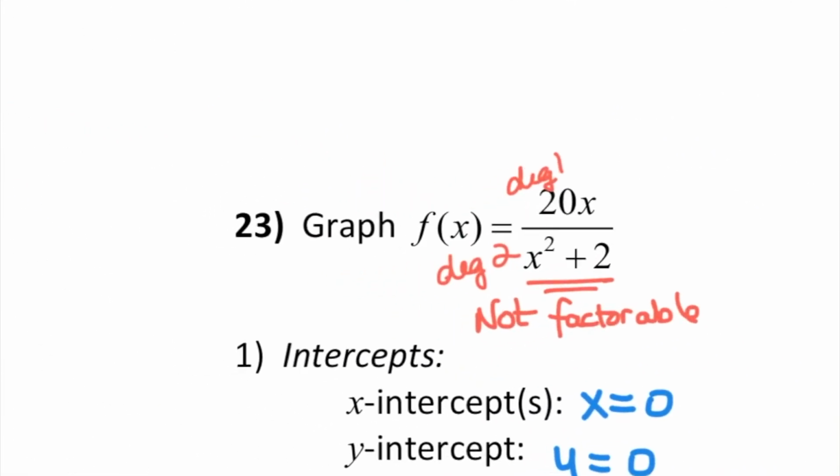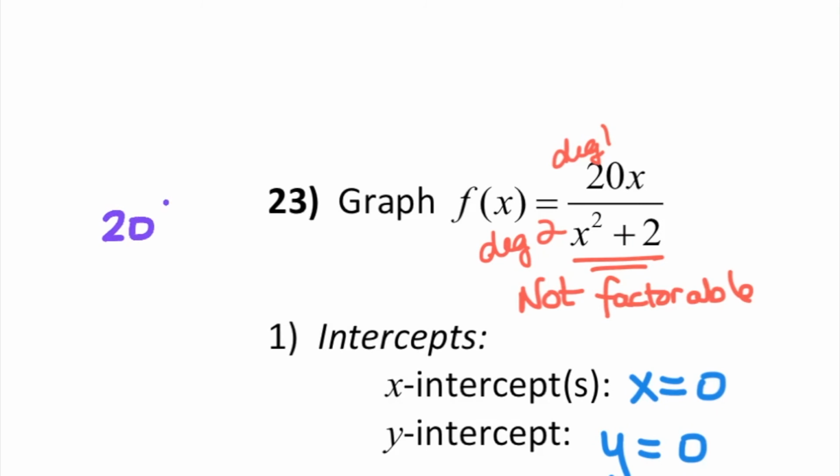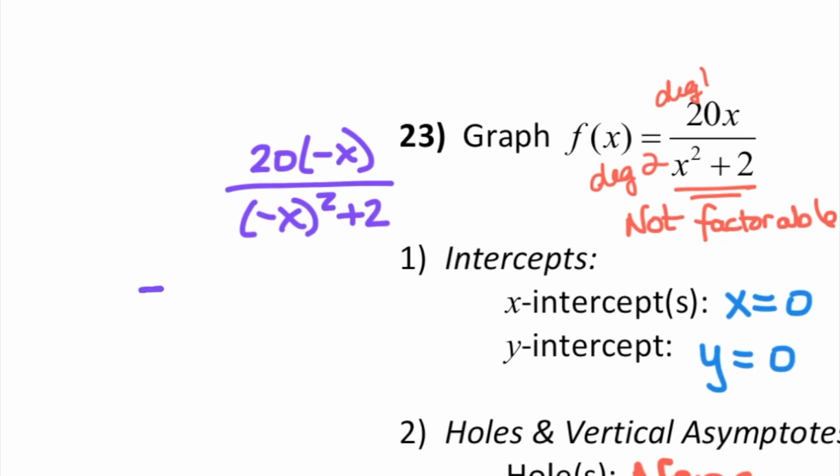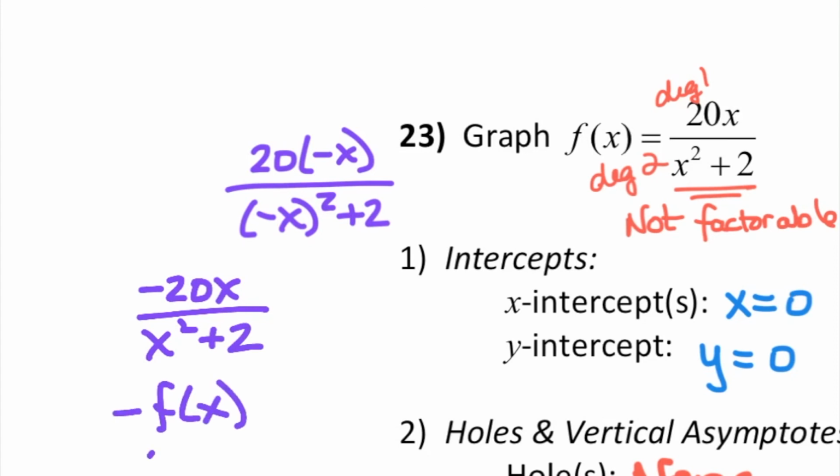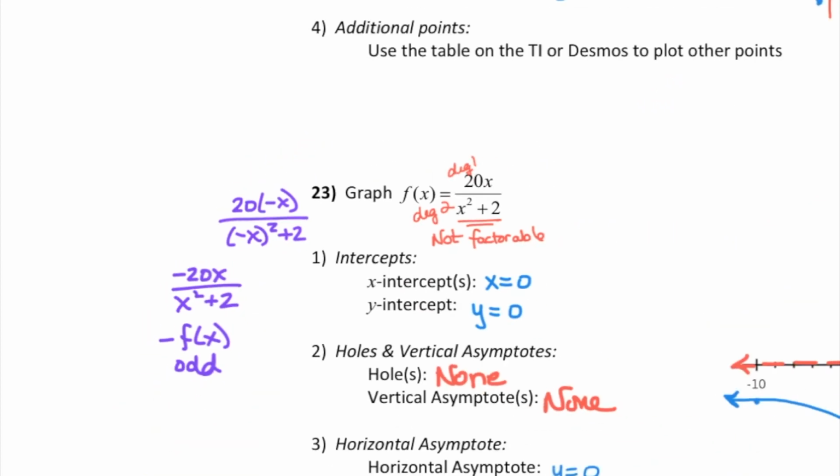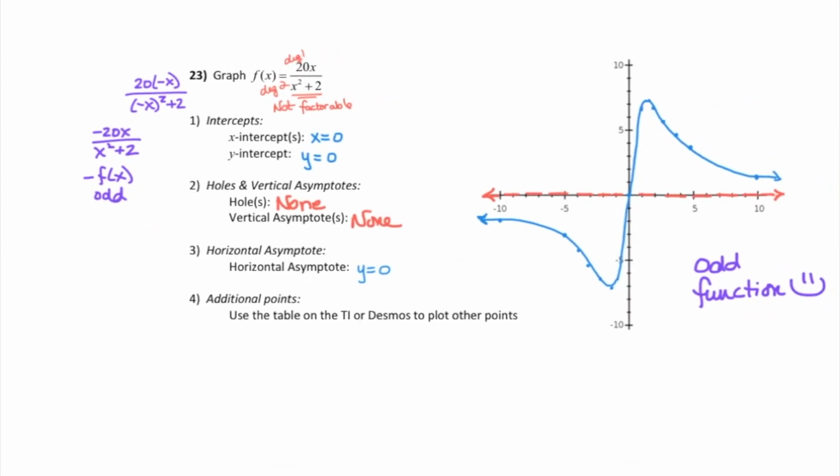And if you were to plug in negative x, 20 times negative x, all over negative x squared plus 2 gives you negative 20x over positive x squared plus 2, which is exactly the opposite. That's negative f of x. And that is odd, proven algebraically and graphically. And you don't need to know any of that for the Unit 7 test. I just thought it was a fun fact.